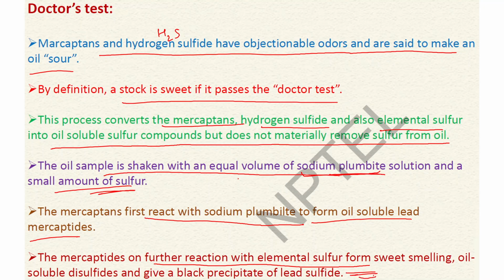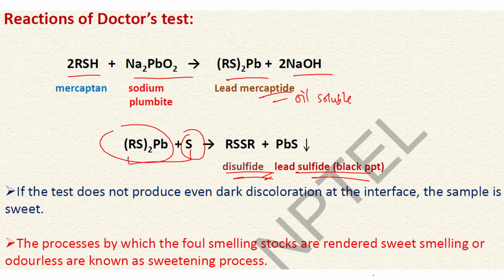The mercaptides on further reaction with the elemental sulfur form sweet-smelling oil-soluble disulfides and give a black precipitate of lead sulfide. So what happens is, if we have a crude oil sample and we put it in a test tube along with sodium plumbite, and a black or dark coloration does not occur, then we can say that our crude oil is sweet. Why so?